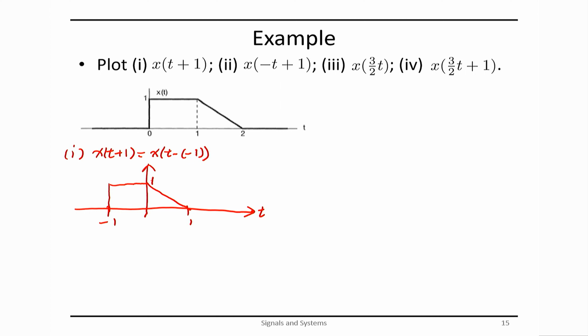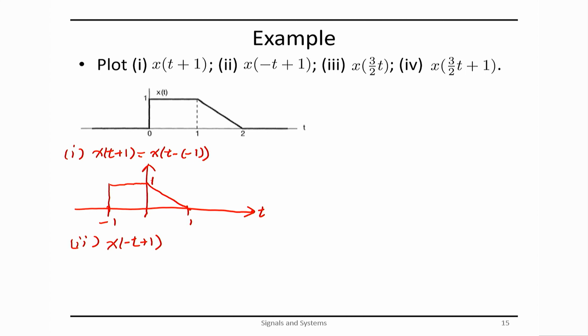Now, the second case is x of minus t plus 1. There's a minus sign here, so this implies that we may have some sort of time reversal. And there's a non-zero beta, so there should be some time shift.